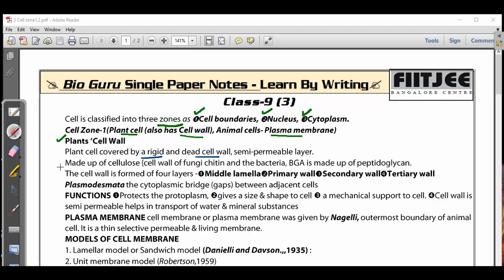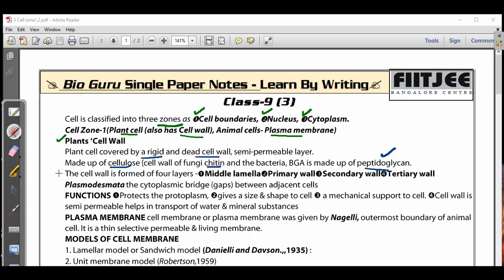The cell wall in plants is usually made of cellulose. A similar structure is also seen in fungi, where it's made of chitin, and in bacteria and blue-green algae, mostly it's made of peptidoglycan. Peptidoglycan is one of the strongest structures, which our body cells cannot penetrate to kill them. That's why bacteria are stronger when they enter any human host.